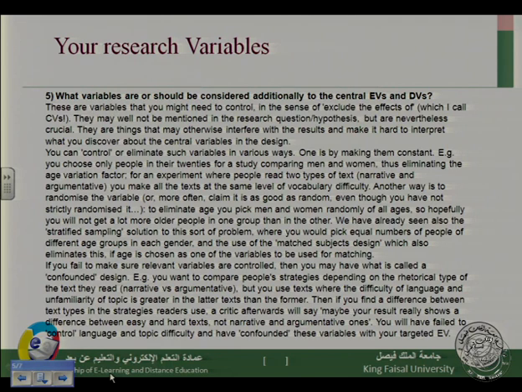CVs means variables that need to be controlled, or excluded. As I said, if you just want to see the effect of age on attitudes and you don't want to have gender as a variable, you need to exclude gender.